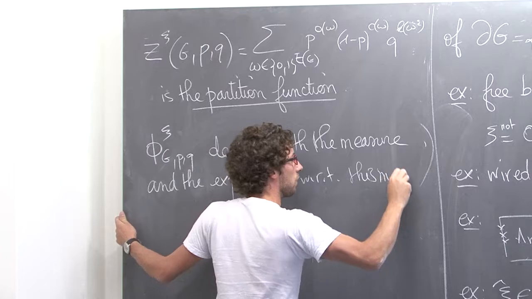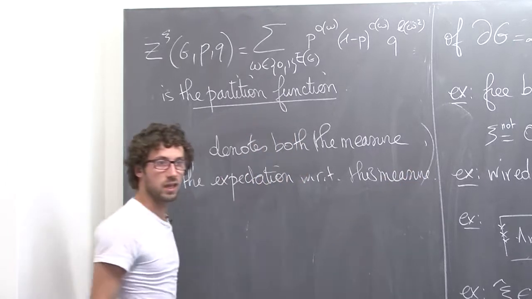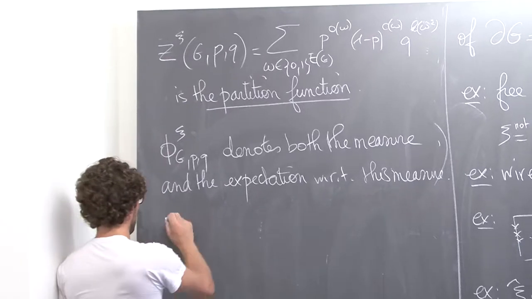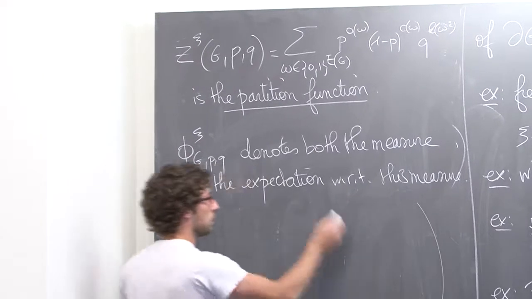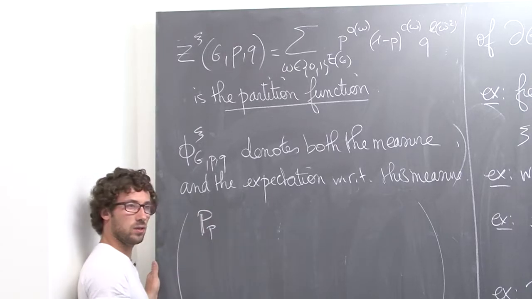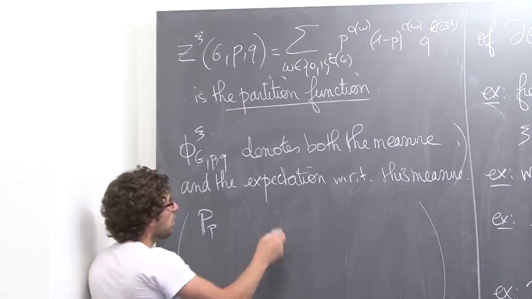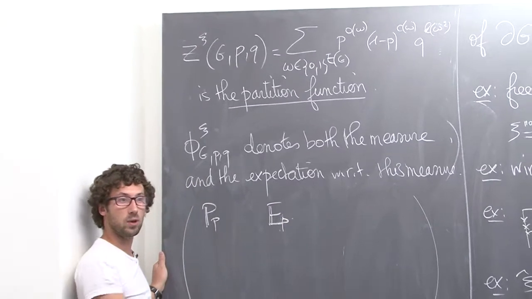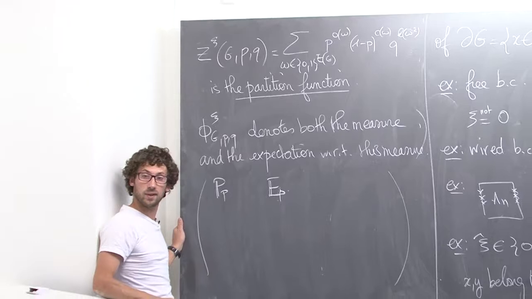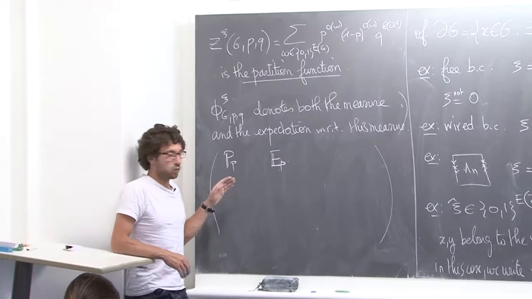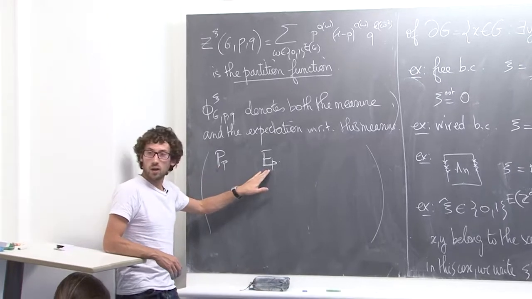This is kind of a useless thing to say. It's just that for percolation, usually you write, so this is just a parenthesis, you don't need to write that, but I just want to justify this. This is the percolation measure. Usually you write something different for the expectation, if you want the expected number of clusters or something like that. This is a very probabilistic thing to do, to denote differently the measure and its expectation.